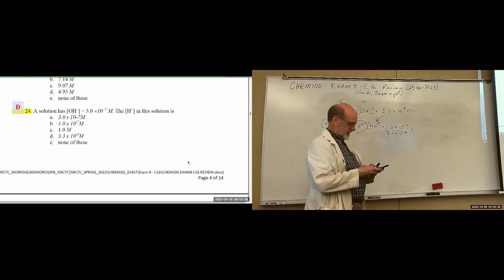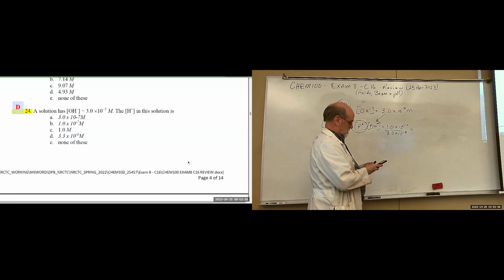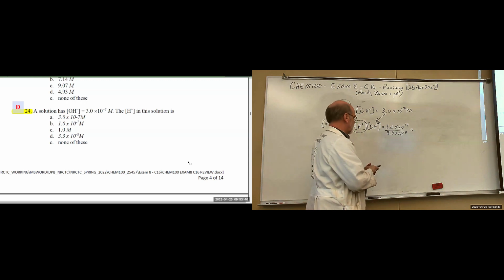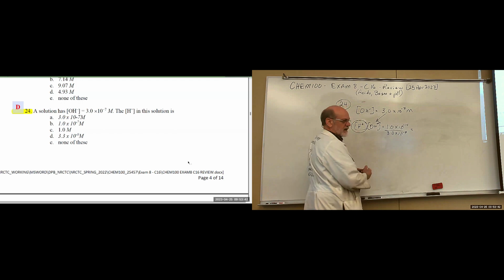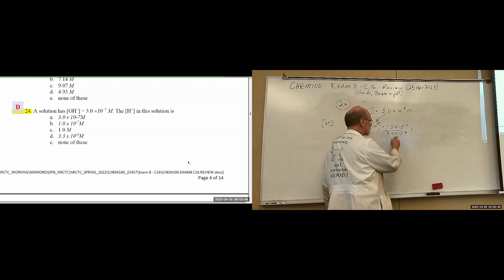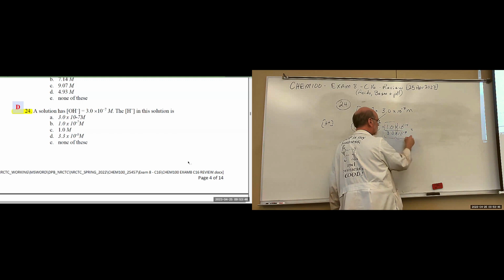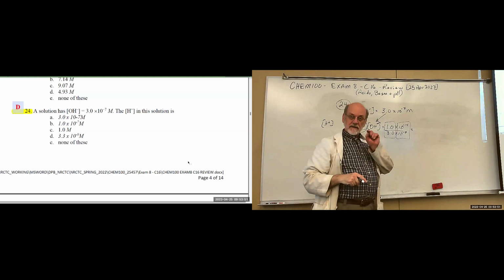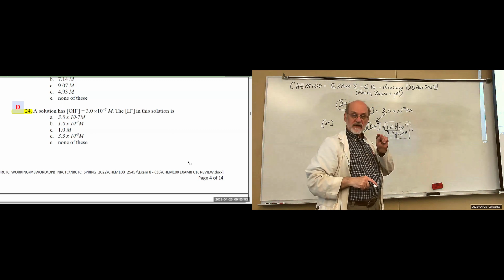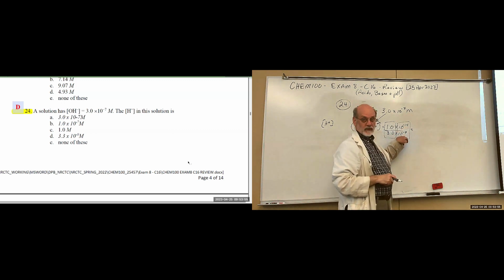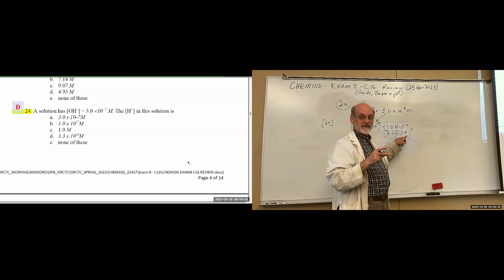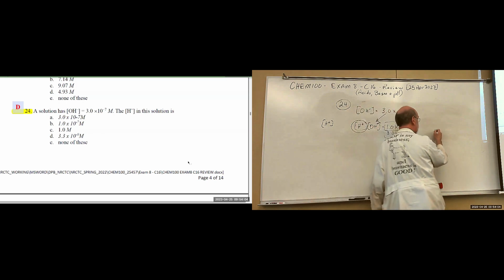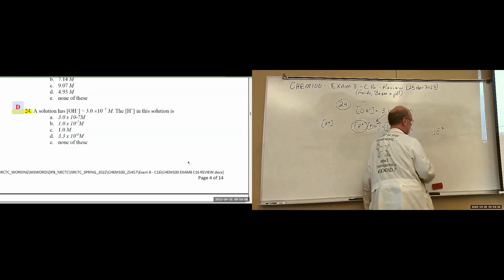I'm tempted to do that in my head, and yeah, I can do that in my head. If you don't have a calculator, you can subdivide this into 2 groups. What's the power of 10? Well, if the power of 10 is in a quotient relationship, it's this one minus that one. 14 minus 7. Actually, minus a minus 7, so it's 14 minus 14 plus 7, which means the power of 10 is going to be 10 to the minus 7.